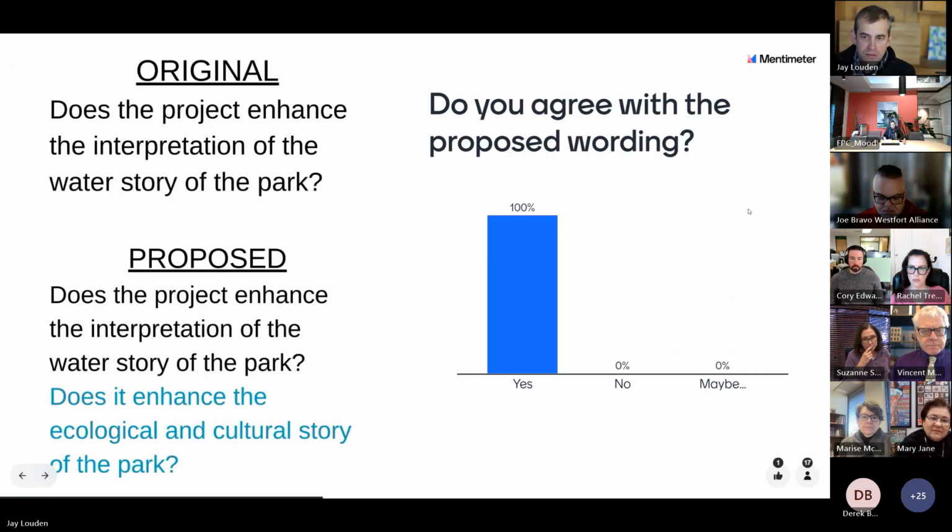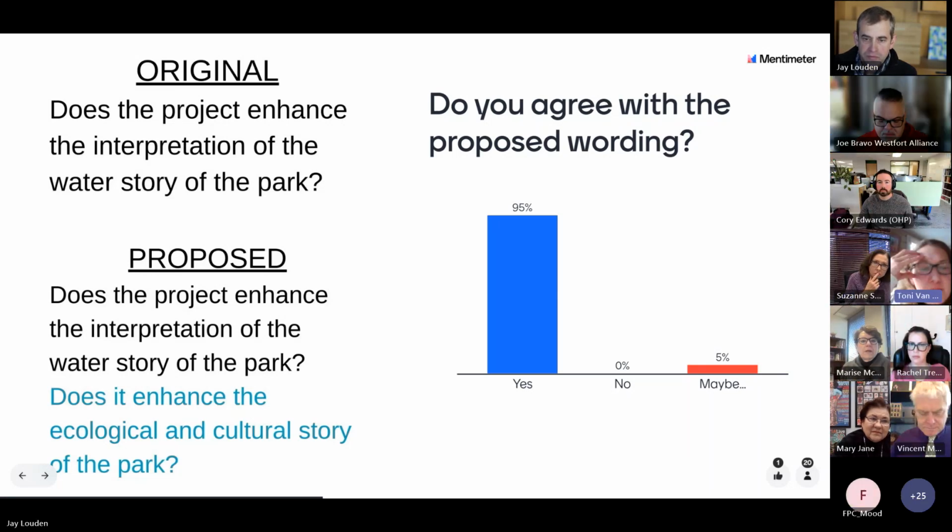Okay, I think we're looking pretty good here. Oh, we've got a maybe. Anyone want to chime in? Tony? I think it would be a run-on, but we can combine it to be one sentence. Making it two separate sentences is almost like prioritizing.